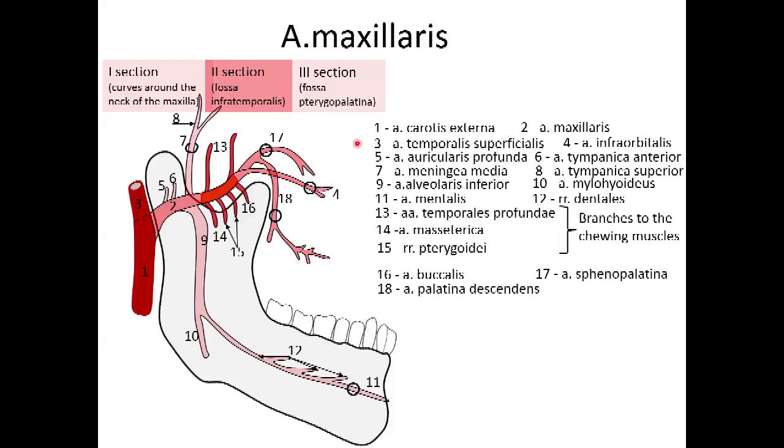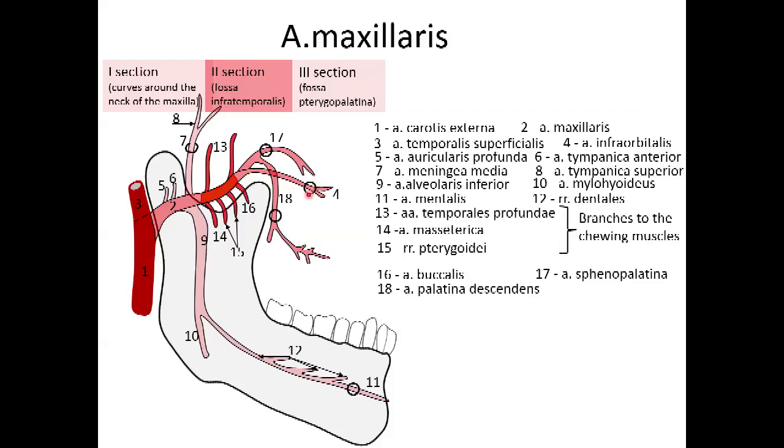So you can see on this picture that the vessels of the third section pass through one foramen, number 17, foramen sphenopalatinum, one canalis, number 18, arteria palatina descendens through canalis palatinus major, and one fissure, number 4, arteria infraorbitalis.